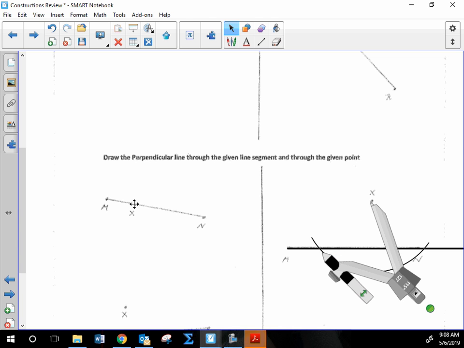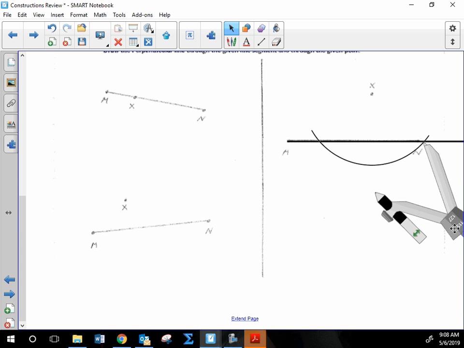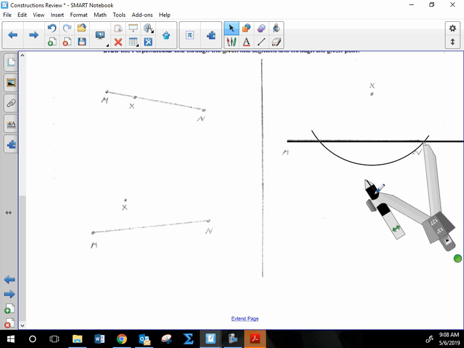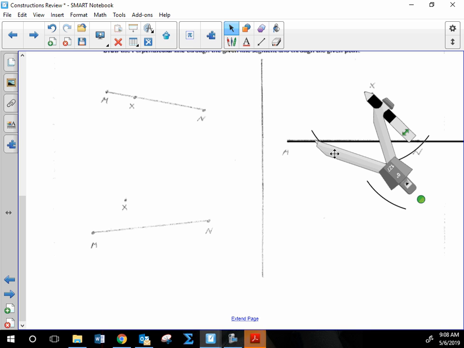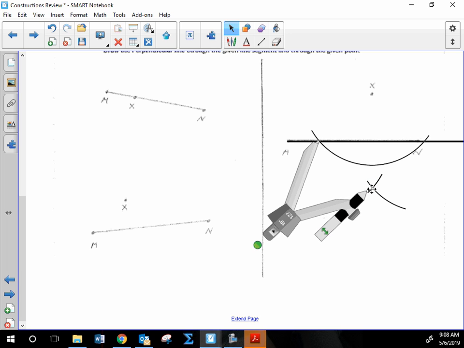So if you were on the line, then it would just be on the left and on the right. If you're off of it, then it's just going to be below it. Now from those intersections, we go ahead and draw intersecting arcs, and then that's what we connect together.